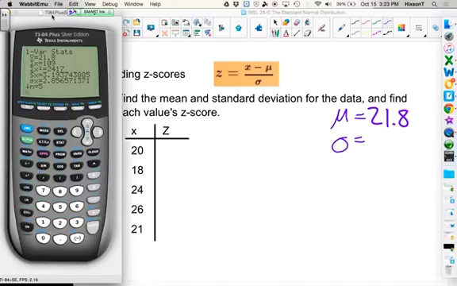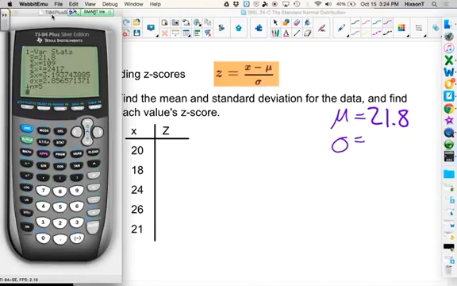All right, so we have our mean of 21.8. Notice here, remember that notation that I was really picky about you guys learning, like when you use an S versus a sigma? Well, here what we want is this sigma x. That's our standard deviation.